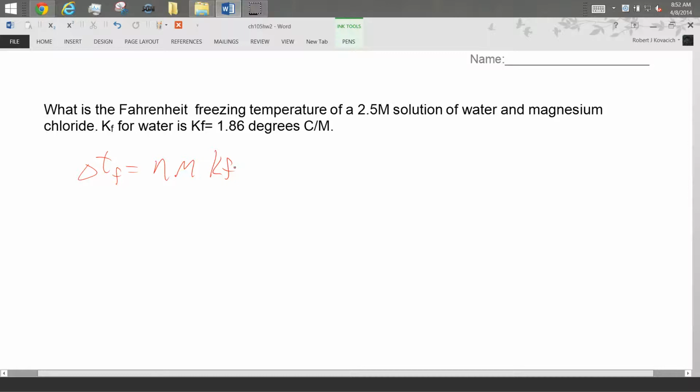Per molecule. So how many pieces does magnesium chloride break up into? 3. Magnesium plus 2, and then the chloride 2 negatives. So for this problem, my N is going to be 3, and then 2.5 is my moles per liter. And then my Kf is going to be 1.86 degrees C.